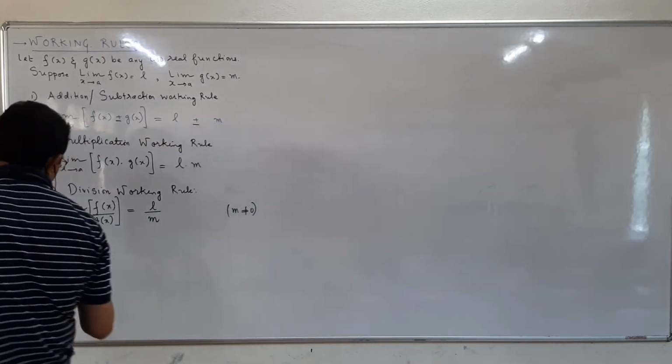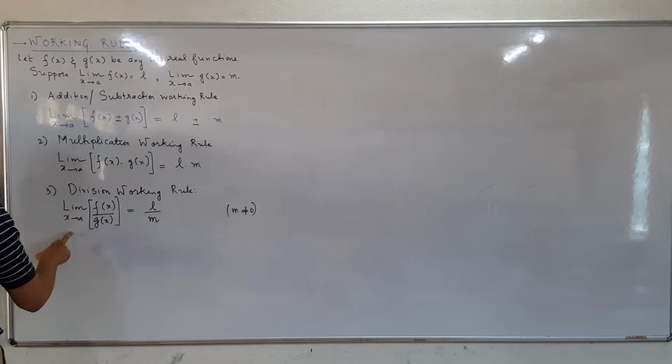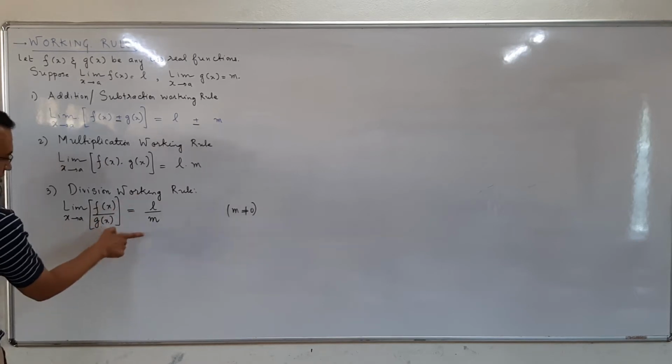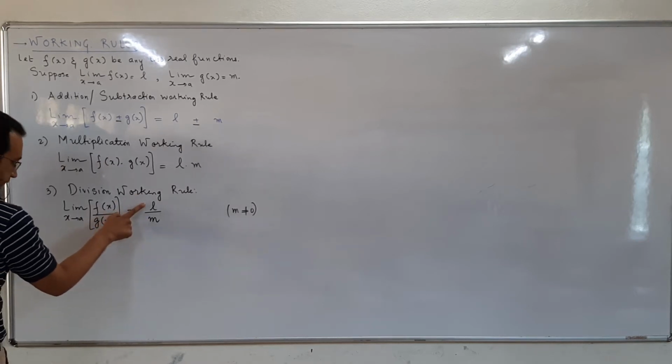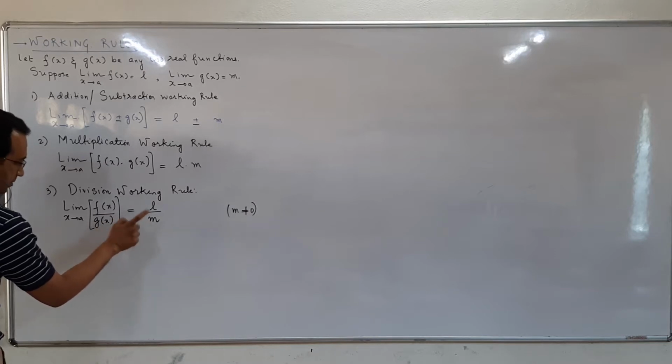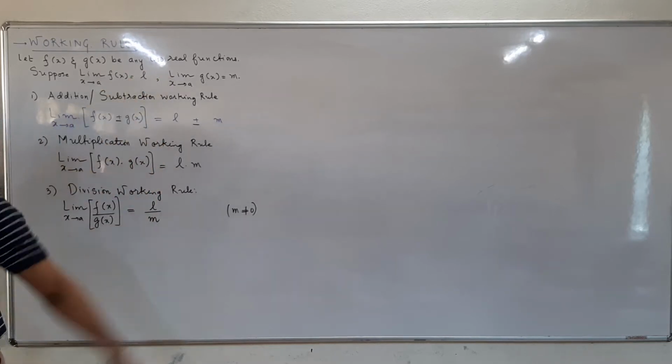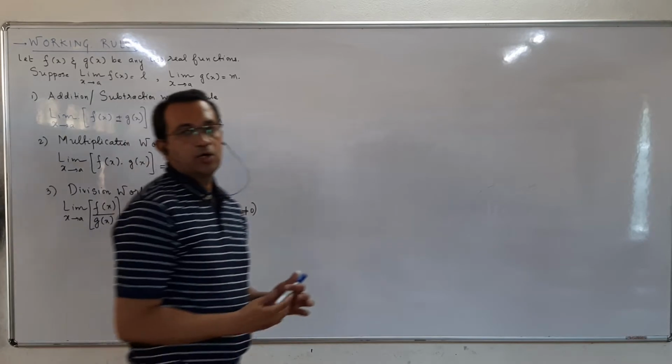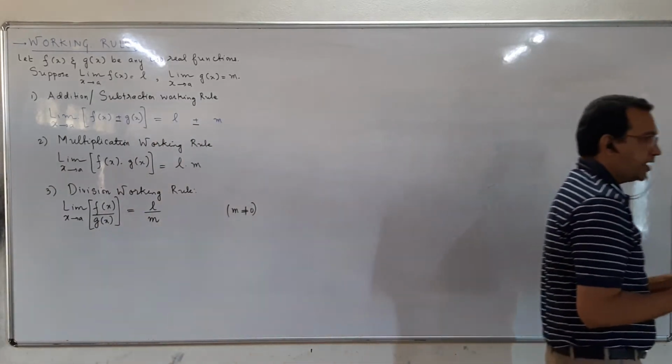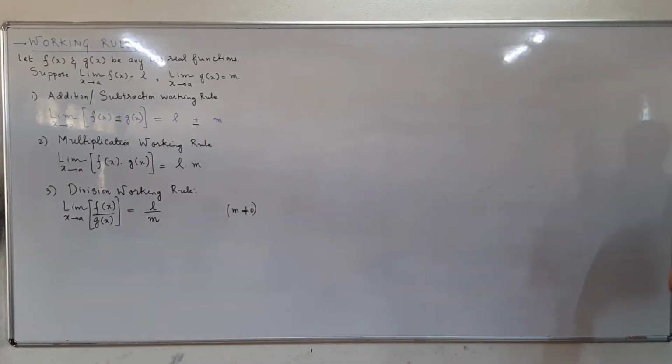Limit of f(x) upon g(x) is equal to the division of limit of f and limit of g, provided limit of g is not equal to 0, because students, we cannot divide by 0.